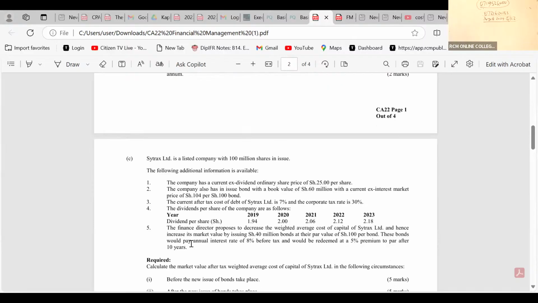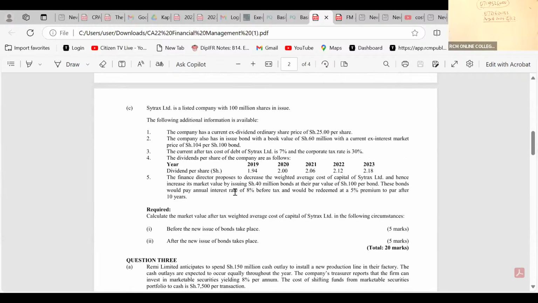Note 5, the finance director proposes to decrease the WACC of Citrons and hence increase its market value by issuing 40 million shillings of bonds at their par value of 100 per bond.